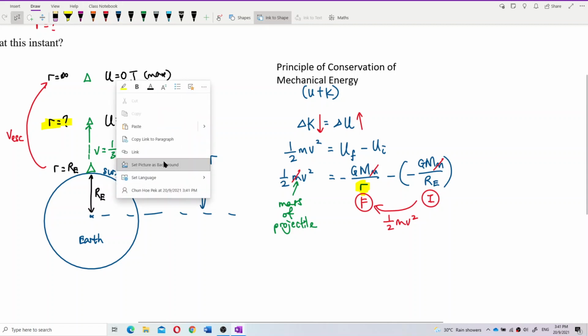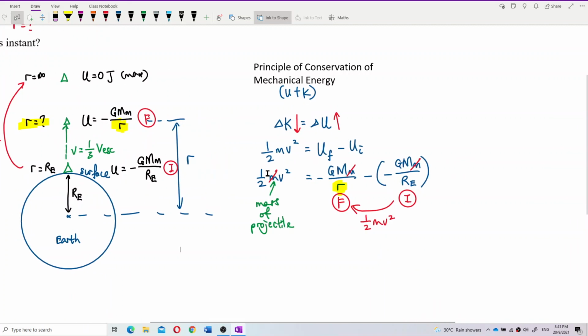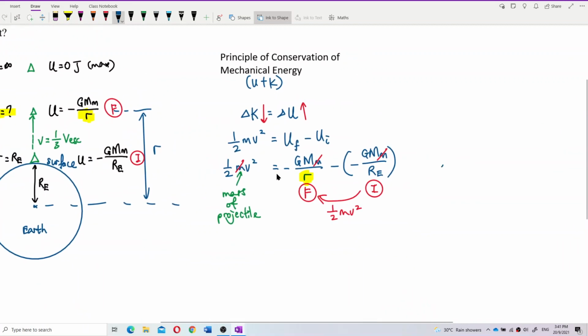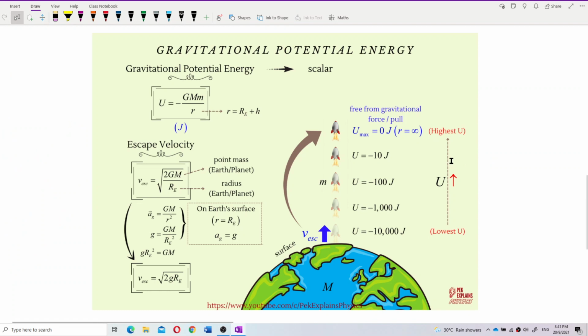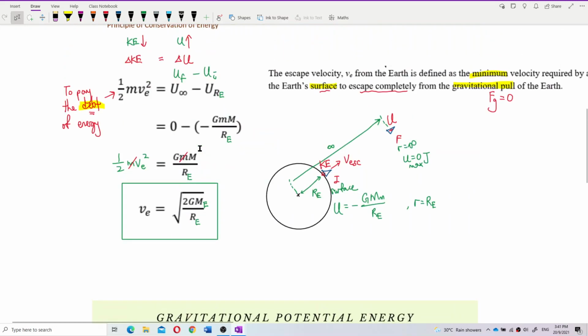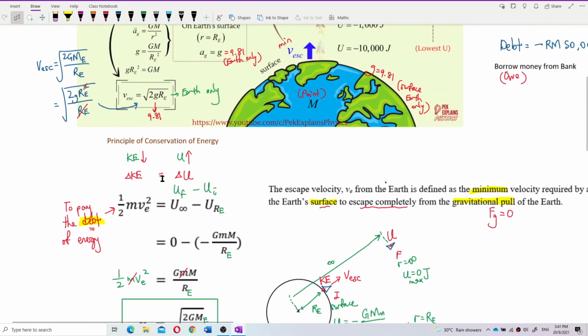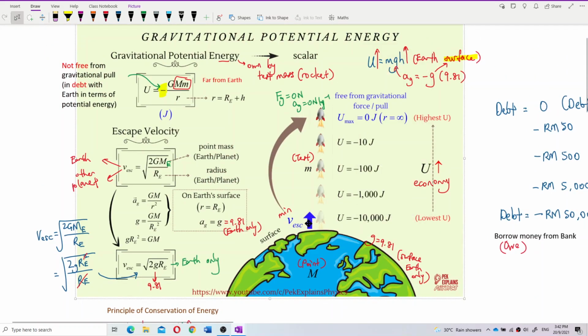And then our speed here is 1/3 of the escape velocity. So we can substitute. Let's find out our v first. Our v is actually 1/3 of escape velocity. You have the equation for escape velocity. This escape velocity we discussed before: we bring the projectile from the surface to the maximum height, where the potential energy is 0 joule.